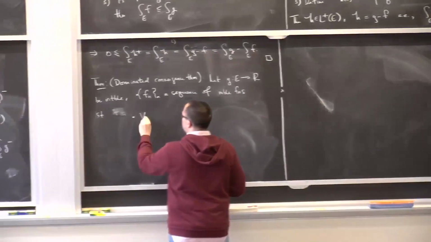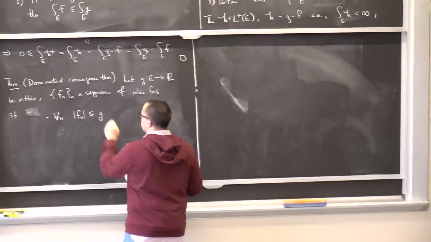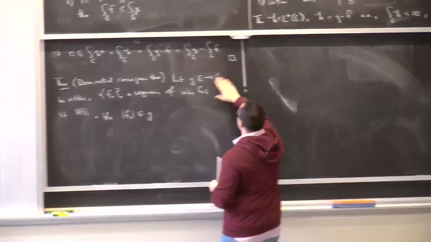One, for all n, the absolute value of f_n is less than or equal to g, so g is non-negative. I guess I should have put here non-negative.